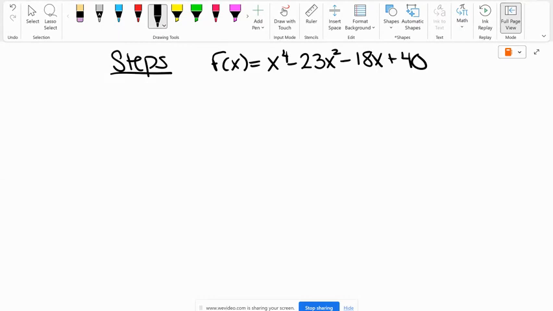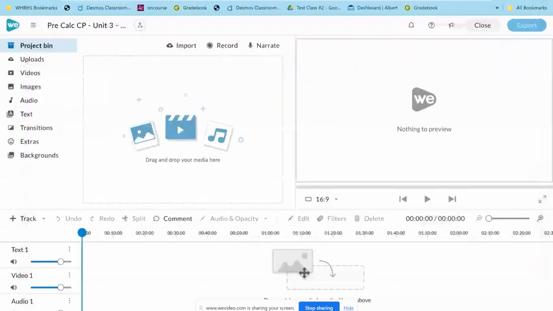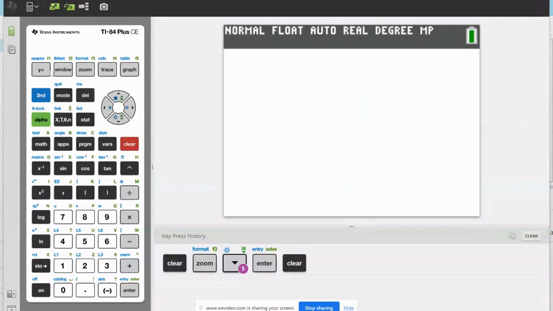Our first step is to enter the function into the calculator. I'm going to pull up my calculator. How do we enter the function into the calculator? You're going to go to y equals.